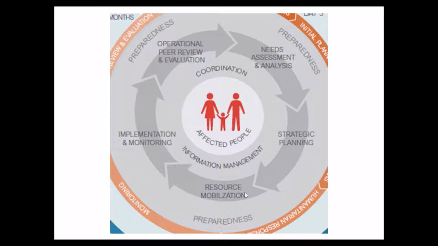We've got resource mobilisation, implementation and monitoring, and then you go around to your operational and peer review. The overriding two enablers are coordination and information management, and you can see that the affected populations are at the heart of this humanitarian program cycle now.